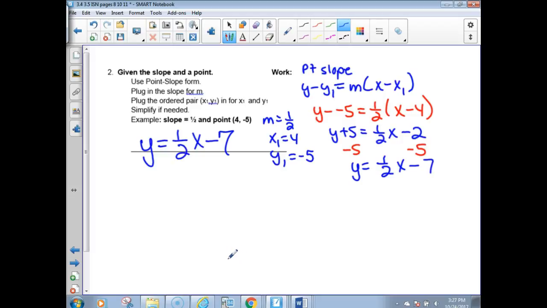This is now in slope-intercept form. This is called point slope form, and that's what you use to get it. Then you work it out to slope-intercept form.